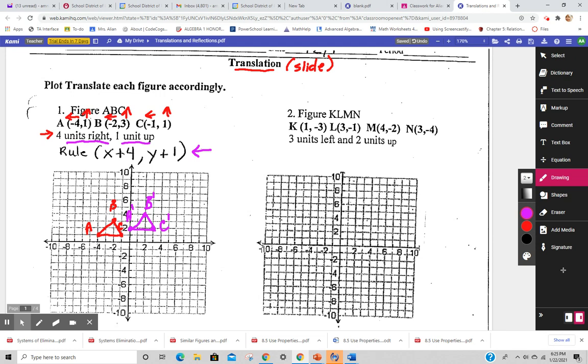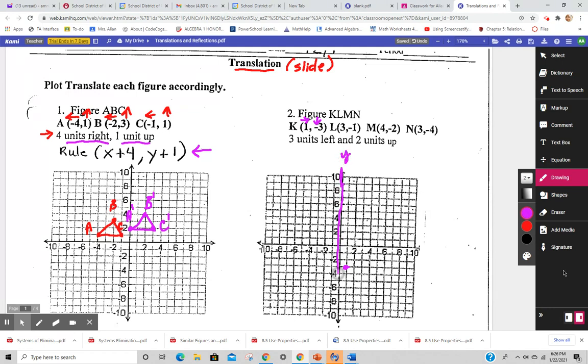All right, so let's look at the next one, figure KLMN. Let's go ahead and plot these points that give us this figure. K is located at (1, -3). So we have to go right 1, down 3. Remember, this is the y-axis.